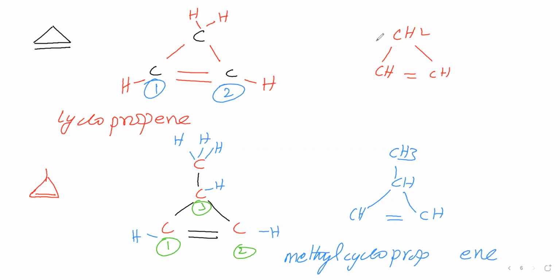Number 1 means this double bonded carbon is making a double bond with which carbon? That should be number 2. So if number 1 is here, you give number 2 on the right side, don't go to the left side, though the branch is there.